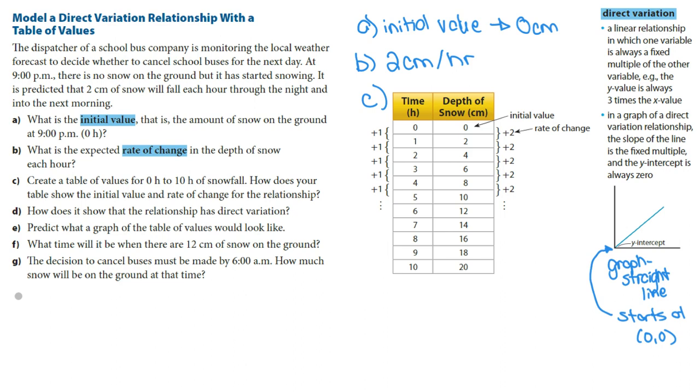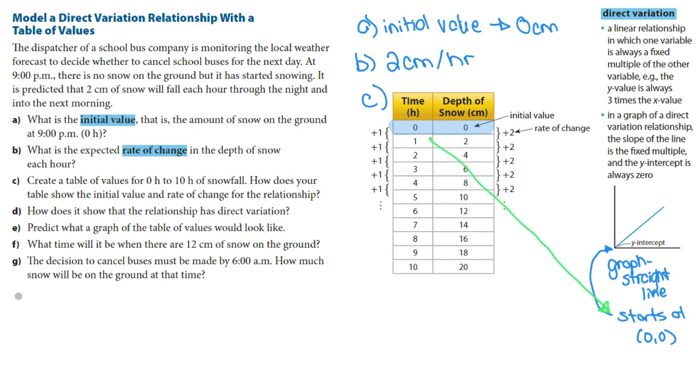So the initial value is right here: at 0 hours past, the depth of the snow is 0. That lends itself to the 0, 0 start point that we talked about. So that first value is 0, 0, which lends itself to being a direct variation.